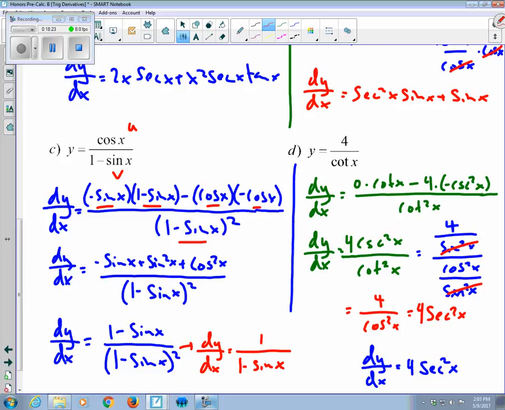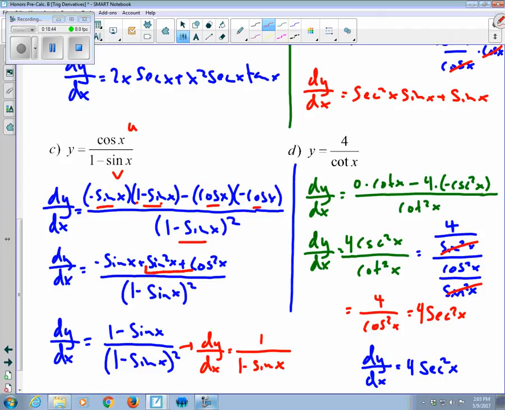So right here, in simplifying this out, we can do the multiplication of negative sine x through to 1 and sine x here, and we would get negative sine x plus sine x squared. And we've got the negative of cosine x times a negative cosine x, which gives us plus cosine x squared.